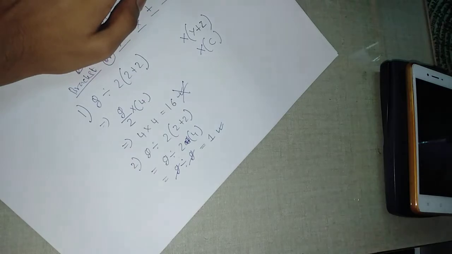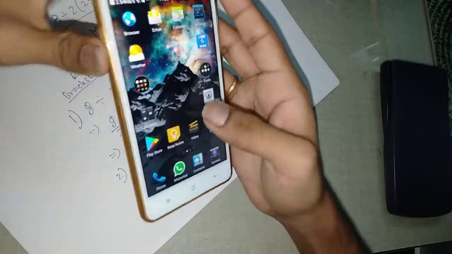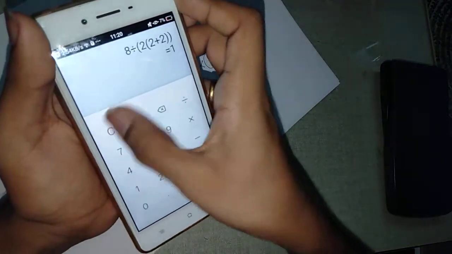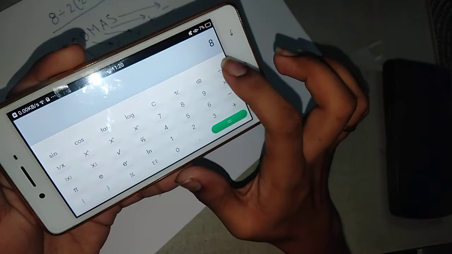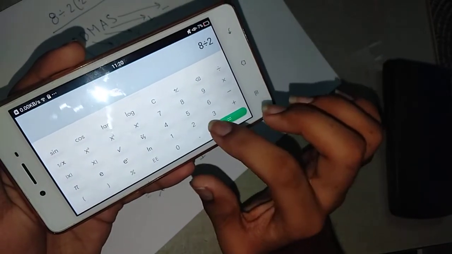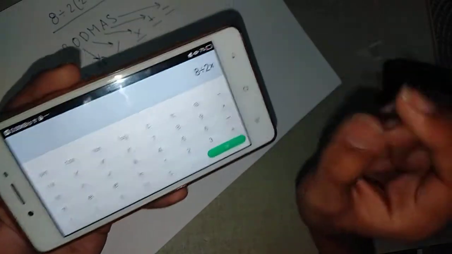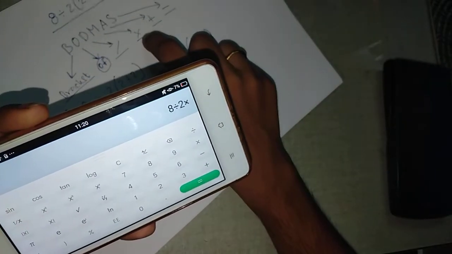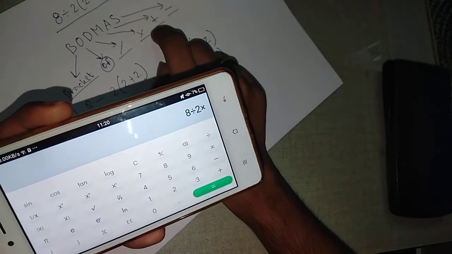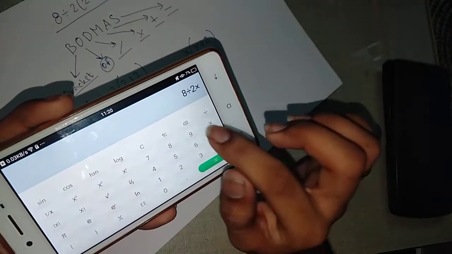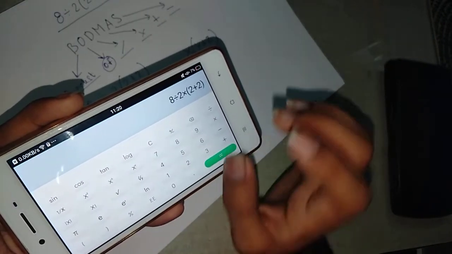Now if we use our cell phone device, the problem we are facing is this. Let us go to the calculator. So 8 divided by 2, then you give a multiplication symbol. You are specifying the multiplication symbol, which comes fourth in preference in the BODMAS series. So 2 into (2 plus 2), bracket close.